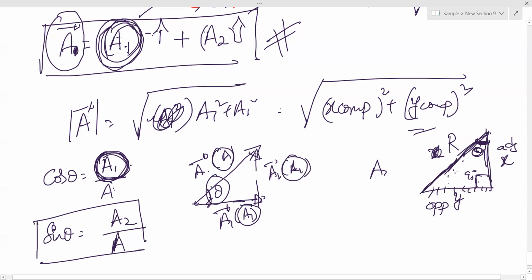Theta can be anywhere, given the situation. So remember like this: cos theta is adjacent side by hypotenuse, sin theta is opposite side by hypotenuse.